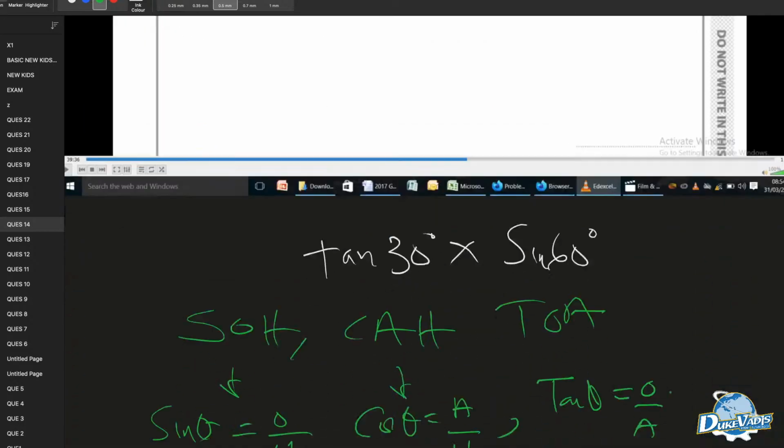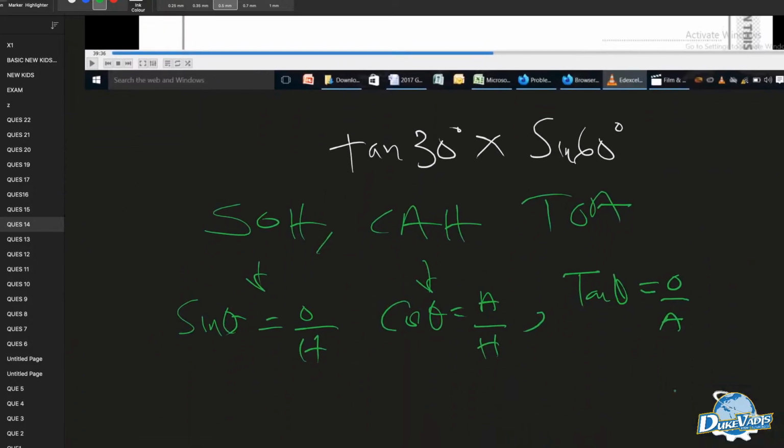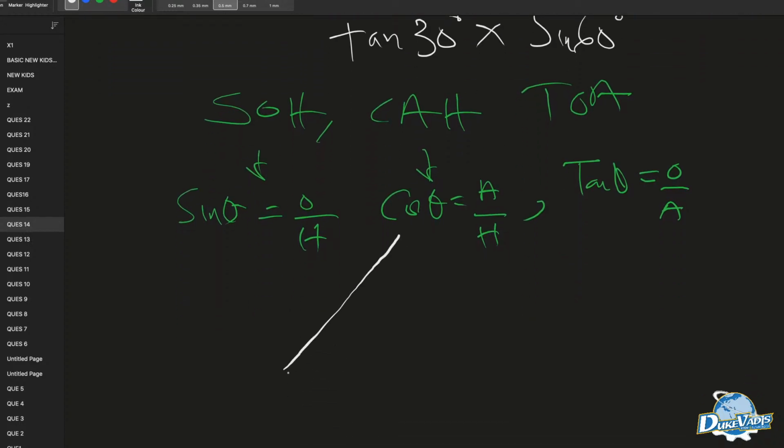We have been given 30 degrees and 60 degrees, so our diagram is going to be a triangle with 30 degrees, sides 1, 2 and root 3, 60 degrees, and 90 degrees.